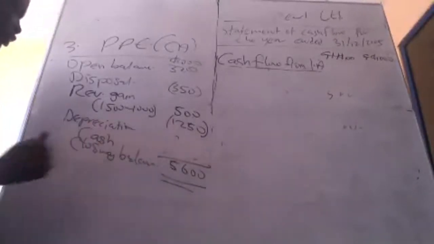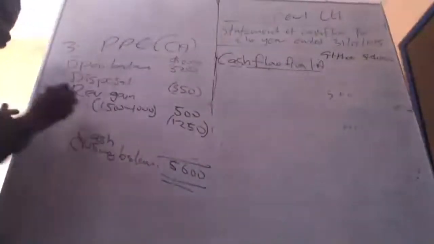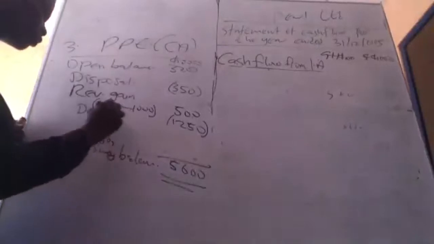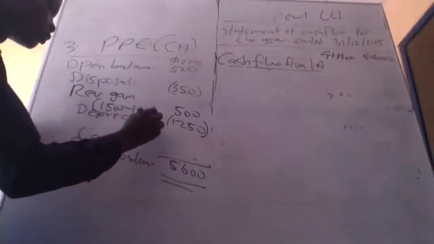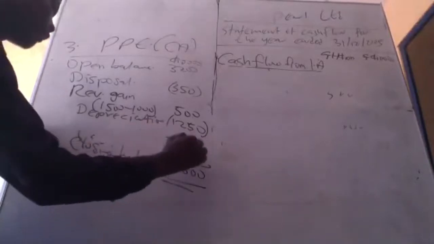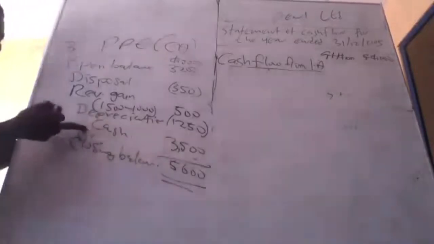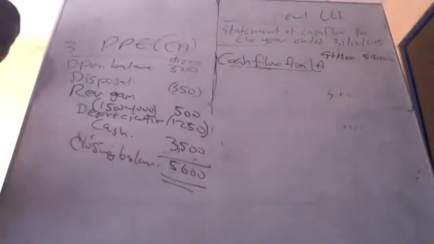Please, let's write it here. Don't do the entry first. So this is the cash purchases, 3,500. So that's the cash purchases of PPE, 3,500, the balancing figure.